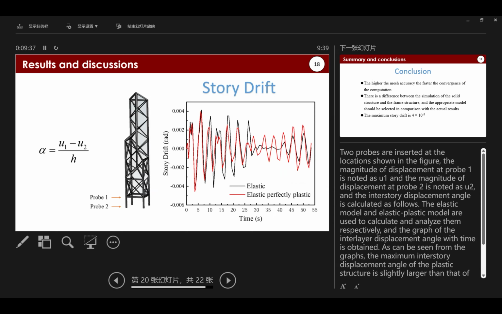The formula for interstory drift angle is given below. We conducted analysis using both elastic and elastoplastic models, resulting in the graphs shown here.